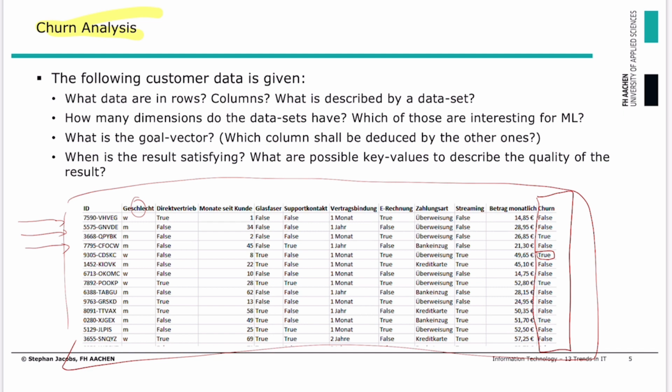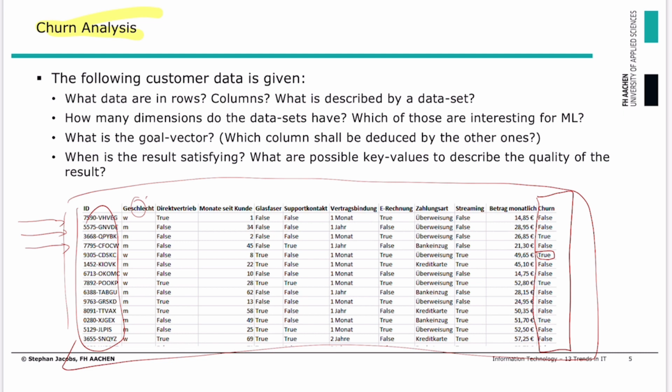So here all these columns are dimensions. You would first have a look which are not used. So ID is probably not of any value because it's just an artificial number. All the other ones are of use. And the final one, this churn, is what is called the goal vector.